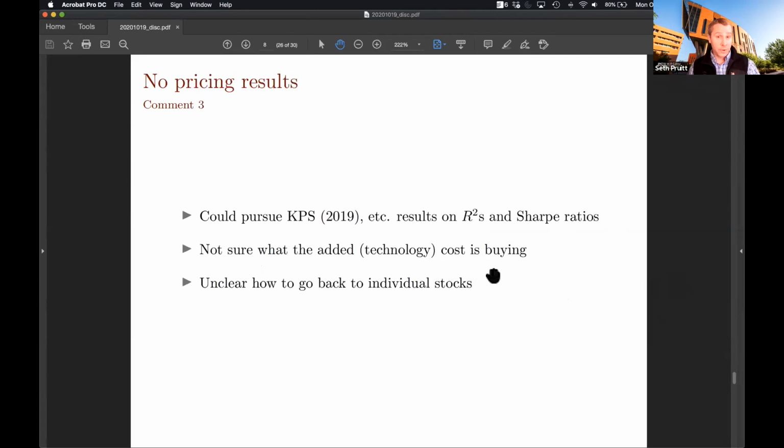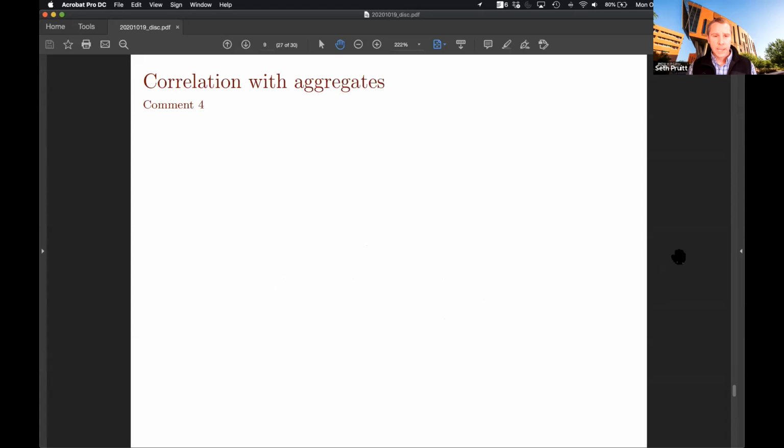Maybe it is worth the cost of bringing this added technology, but I believe pricing results would really help motivate that. And to my earlier point, it's unclear how to go back to individual stocks here. I'm not sure exactly what those results will turn out to be, but they might be quite good. Recommend pursuing that.